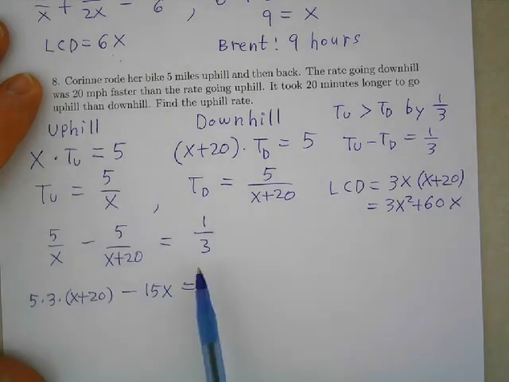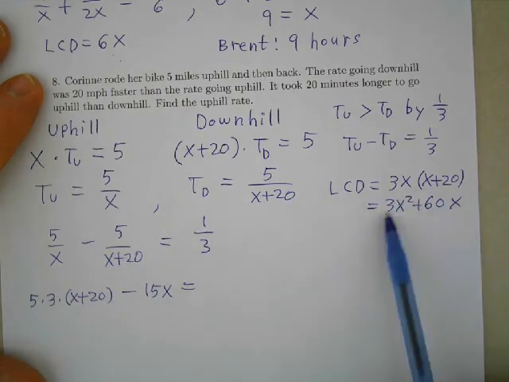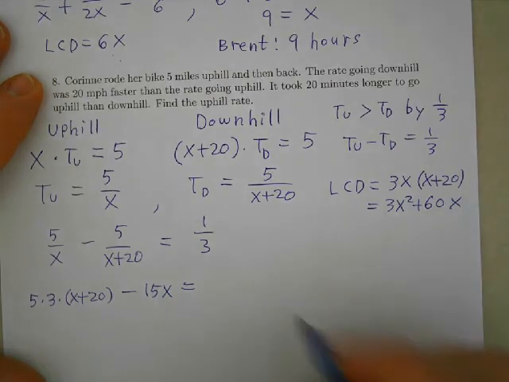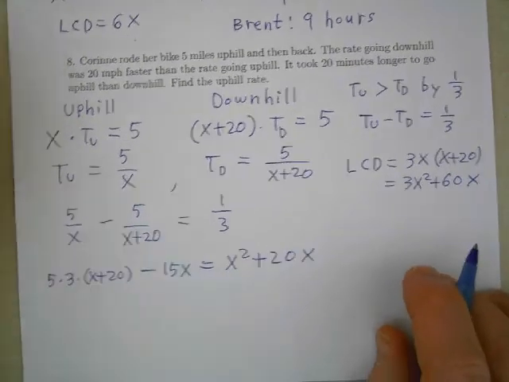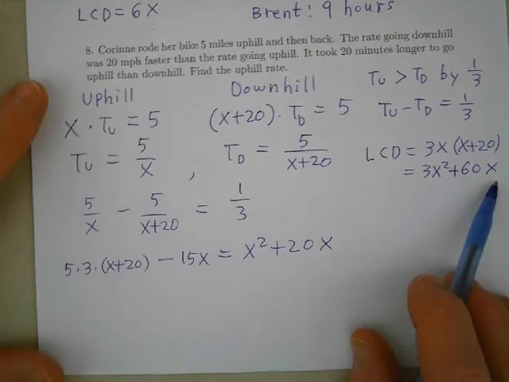And then on the right-hand side, multiply 1/3 times the least common denominator. Well, if you multiply 1/3 times 3x squared plus 60x, you'll just get x squared plus 20x. And then we'll multiply some things out and combine like terms and so on.